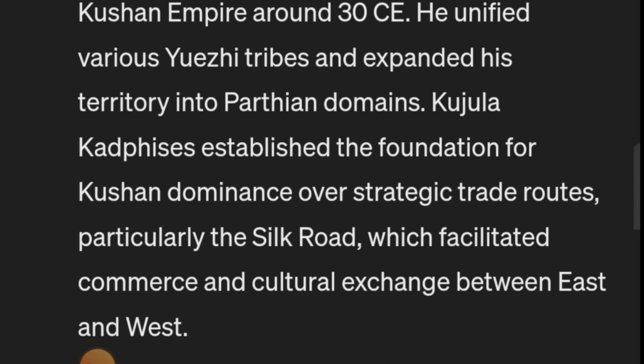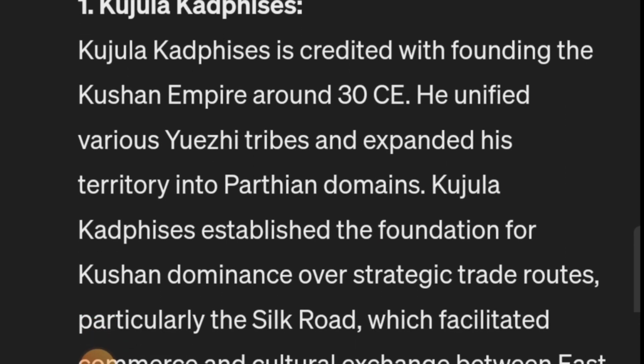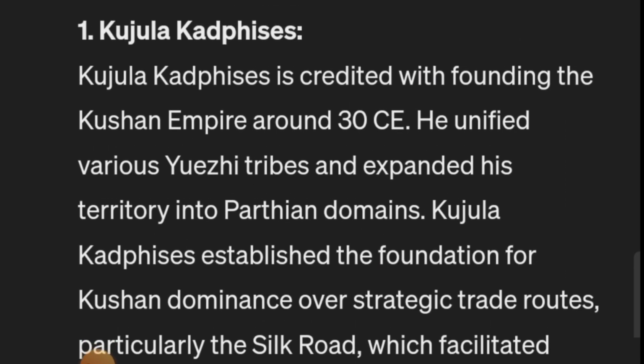Kujula Cadphises established the foundation for Kushan dominance over strategic trade routes, particularly the Silk Road, which facilitated commerce and cultural exchange between the east and the west. Kujula Cadphises was the founder of the Kushan dynasty, and he took control over the northwestern borders of India.